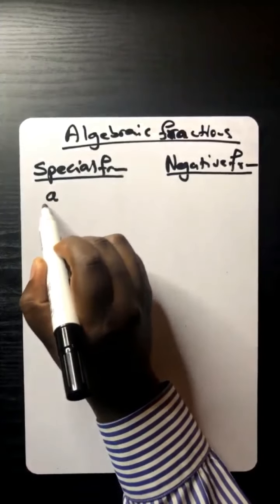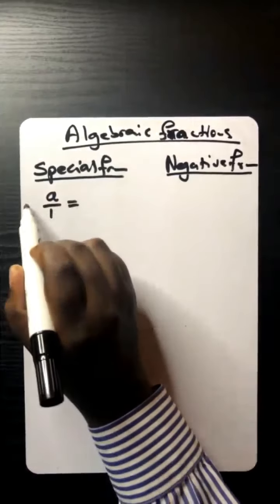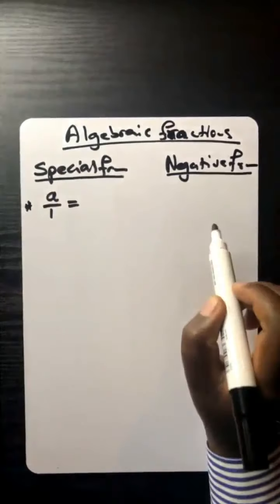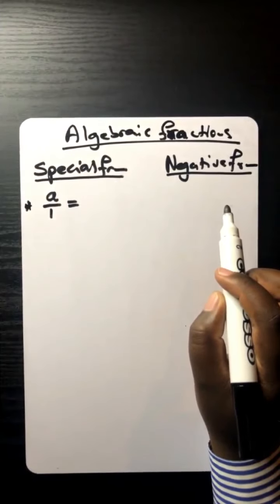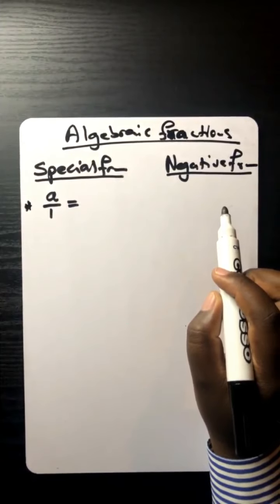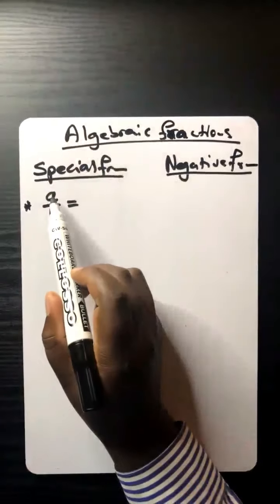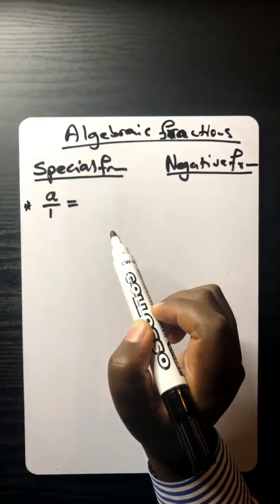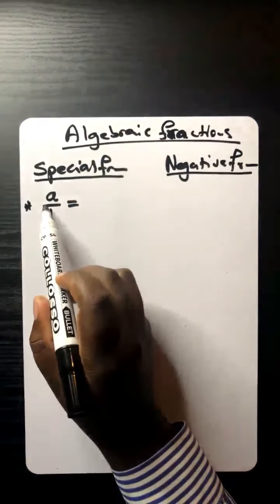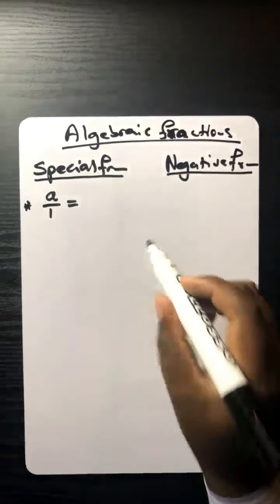A over 1. This is the same as what, Shreyas? Okay, let's see. So this is letter A, ne? Which is over 1. Yes, sir. So let me write this.